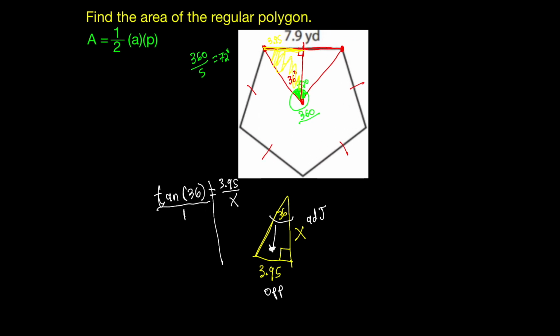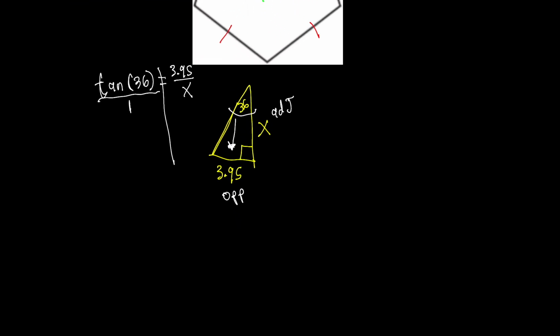Now, the function that's going to help me here is going to be tangent. So if I get tangent of 36, that's the ratio of opposite over adjacent, so 3.95 divided with x. I'm going to divide tangent of 36 by 1 so that I have a proportion.